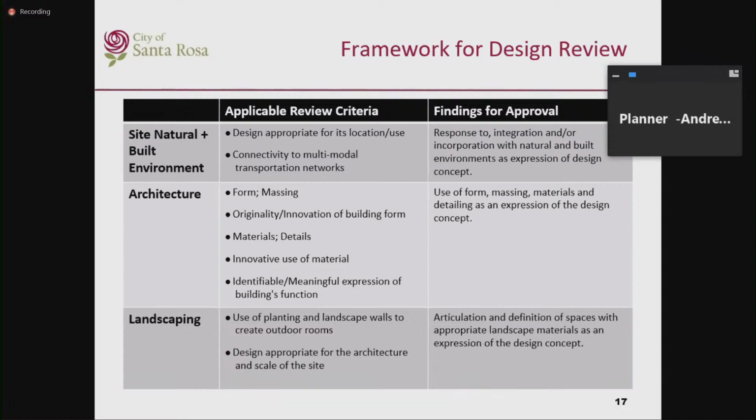For architecture, it's looking at the use of form, massing, materials, and detailing as an expression of the design concept. And for landscaping, it's looking at articulation and definition of spaces with appropriate landscape materials, also as an expression of the design concept. And here we can see the specific applicable review criteria.